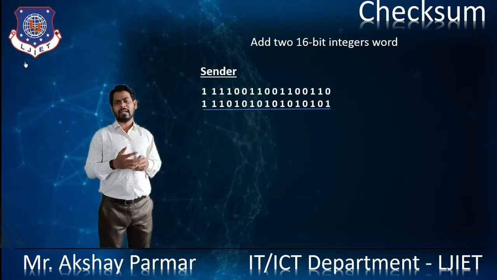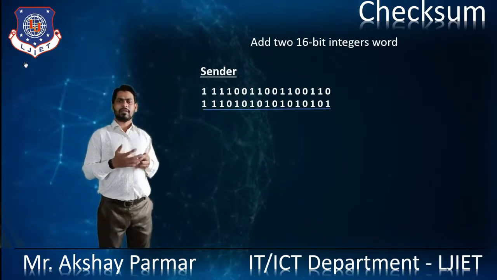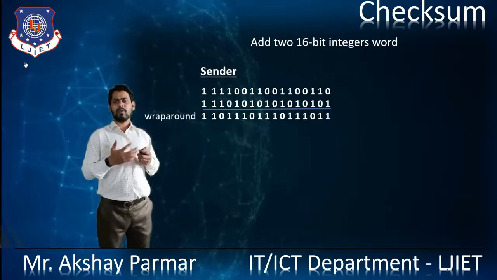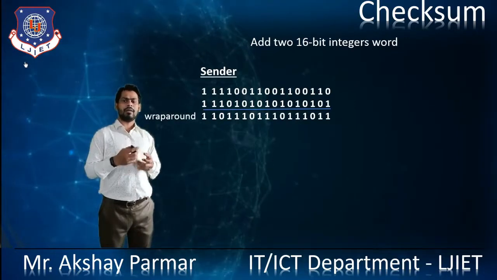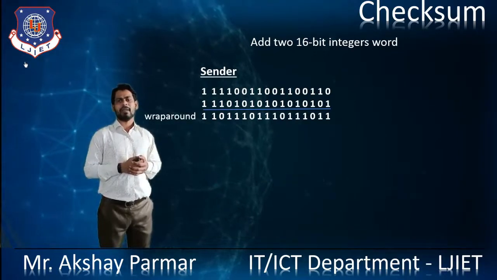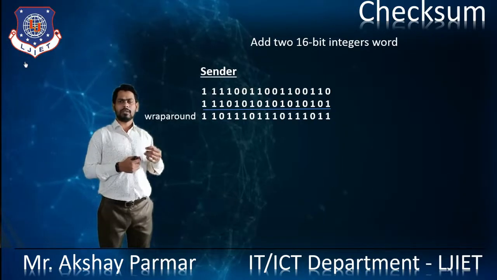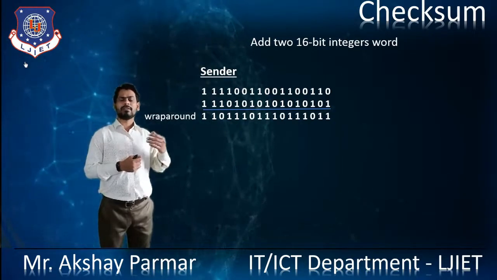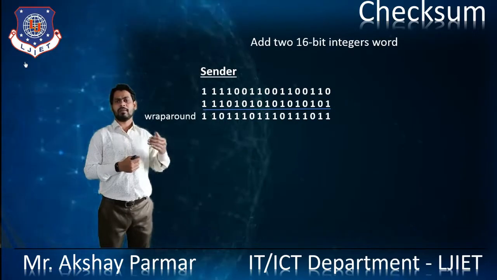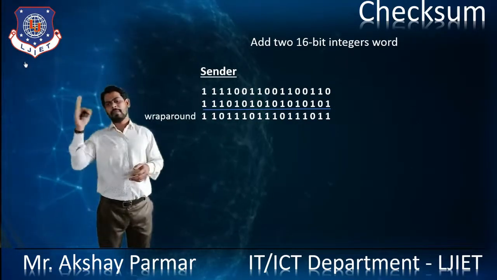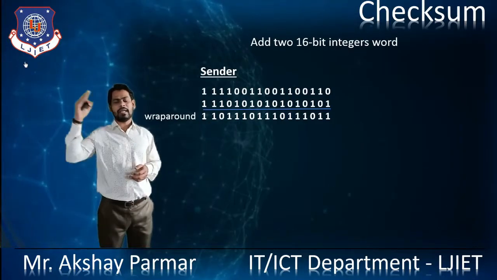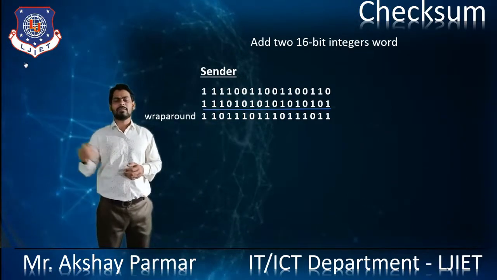After adding both the words, we get the wraparound. This is how we add: 1 plus 0 is 1, 0 plus 1 is 1, 0 plus 0 is 0, and 1 plus 1 is 0 with a carry forwarded to the next position.